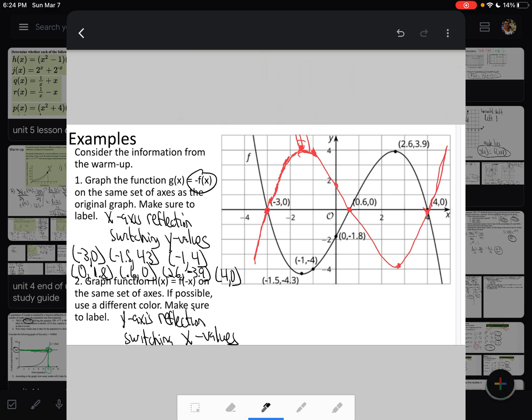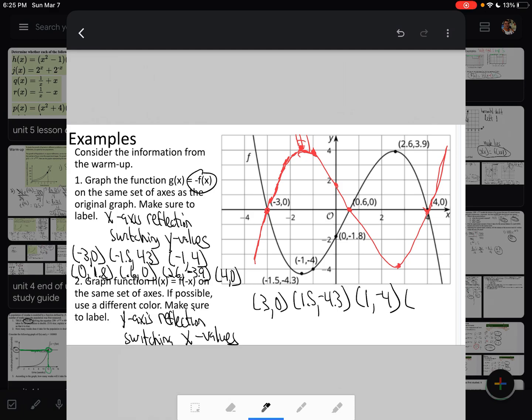Okay. So now I'm going to go through those same original points again, but now I'm going to switch the x values and keep the y values the same. So the first point will be negative 3 switches to positive 3, 0 stays the same. Second point, negative 1.5 switches to positive 1.5. Again, y value stays the same. Third one, negative 1 switches to positive 1. Negative 4 stays the same.